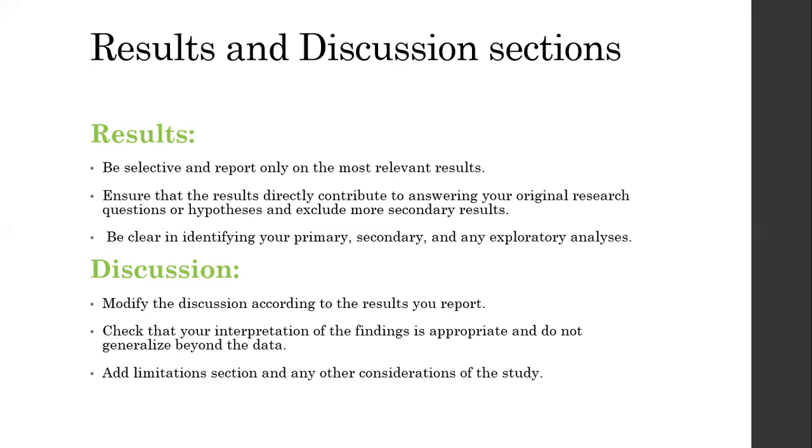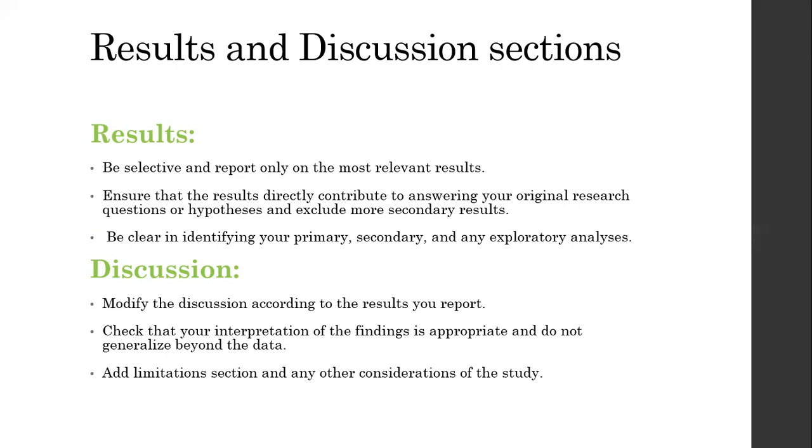Otherwise, there's no need to mention any other irrelevant parts, and exclude secondary results. As I told you before, if you have primary results and secondary results, you have to prioritize and start with the primary results, and if the secondary results are not important, don't mention them. Or you can add any exploratory analysis you want.